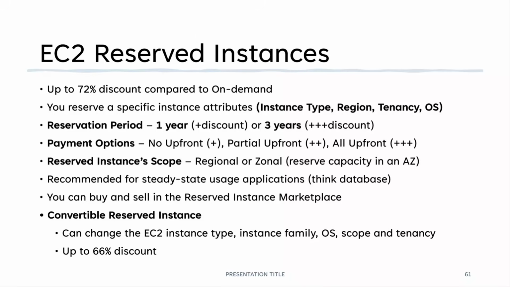For example, you had gone for a x2 large, but you see that, as I predicted, the workload is not that much, so I want to change it back to a lower instance type. You can do that with a convertible reserved instance, and you will get a little bit less discount. You will get up to 66% discount.